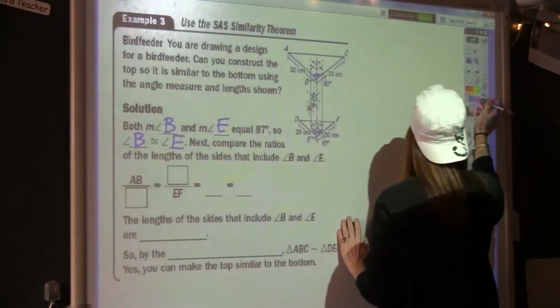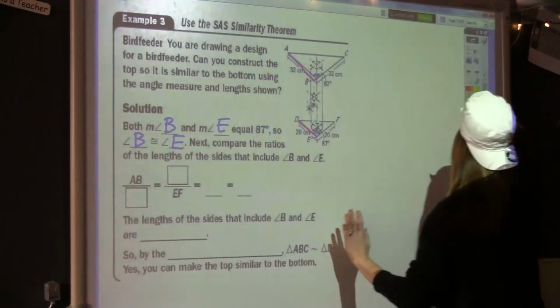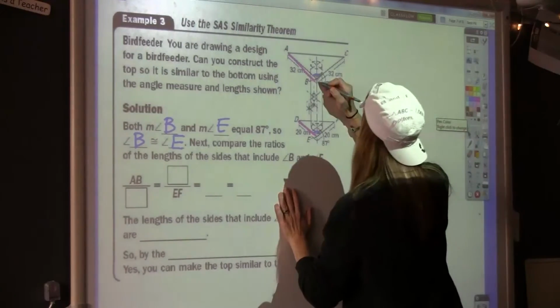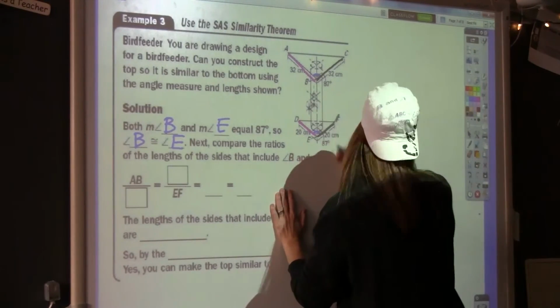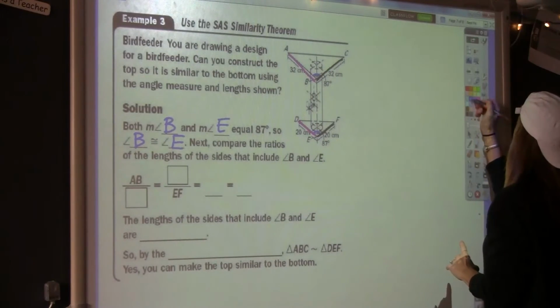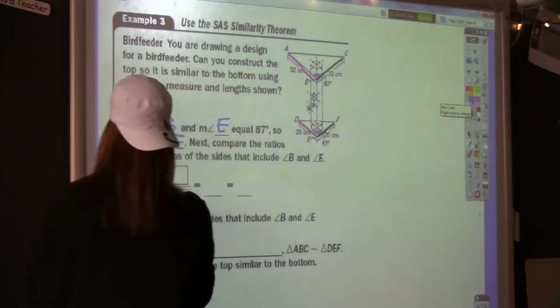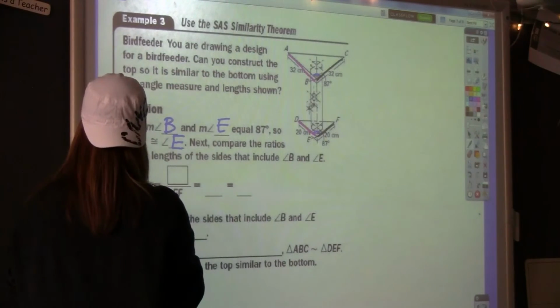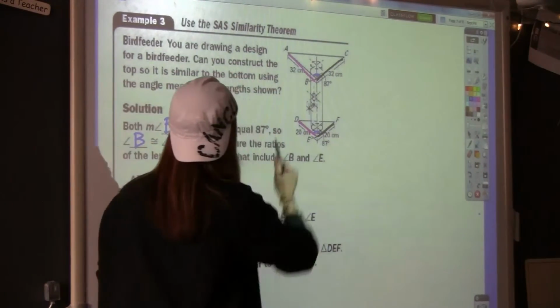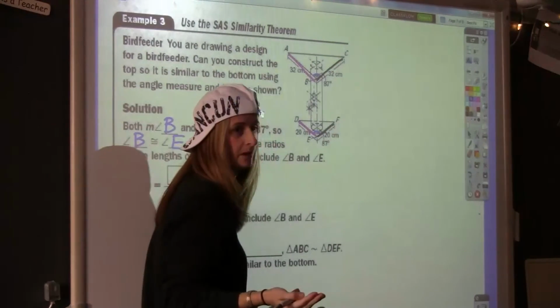Now we need to see if that set of corresponding sides is going to be the same ratio when I simplify this side. So AB to DE. Hey, wait a second. 32 to 20. 32 to 20. They're the same numbers.